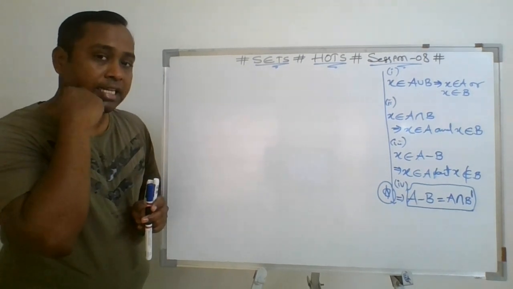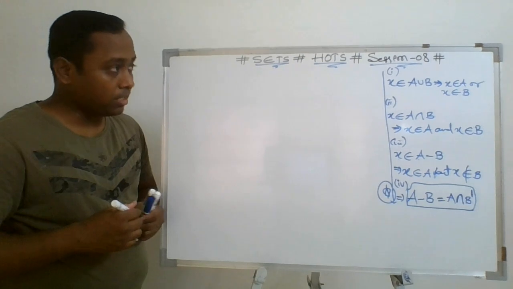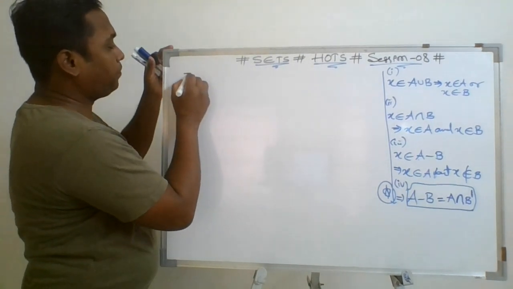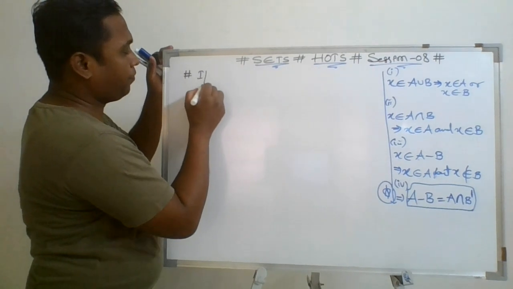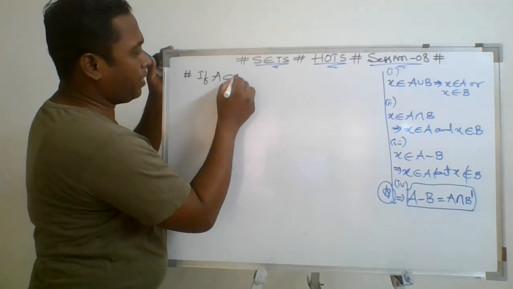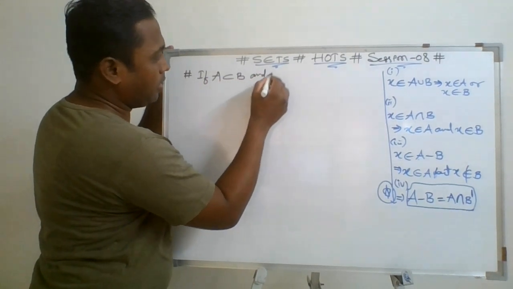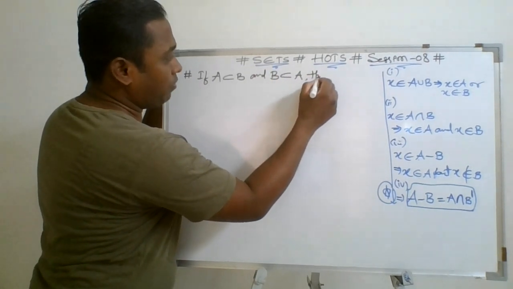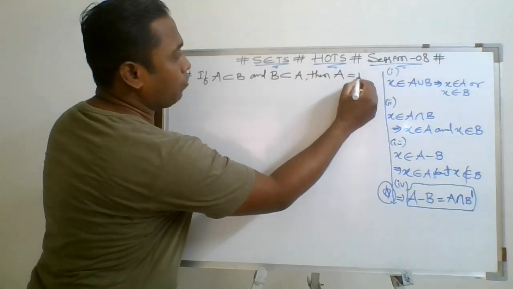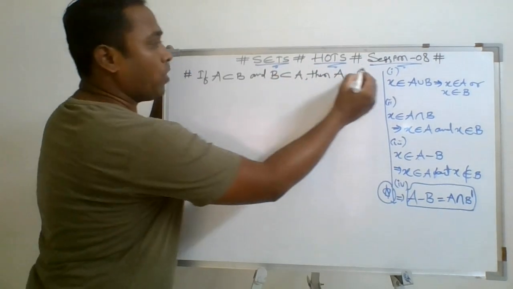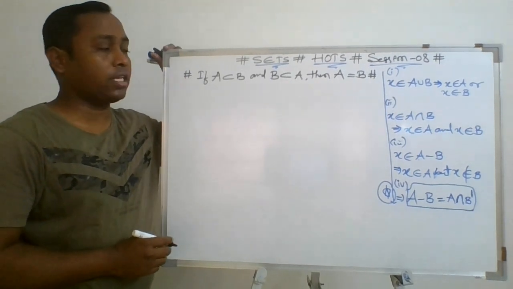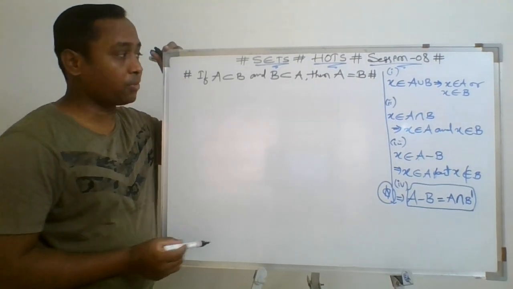The second way to prove any statement is the important definition you might have remembered, that if A is a subset of B and B is a subset of A, then we can say that A equals B. This is one of the statements we defined when we studied the subset concept.